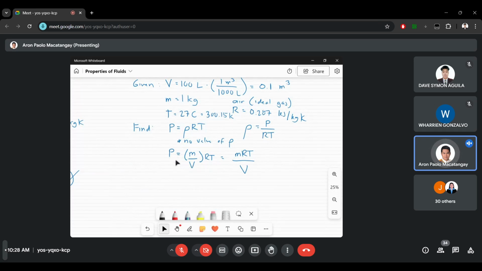So solving this, we get our mass is 1 kilogram, our R is 0.287 kilojoule per kilogram Kelvin. Our temperature is 300.15 Kelvin.